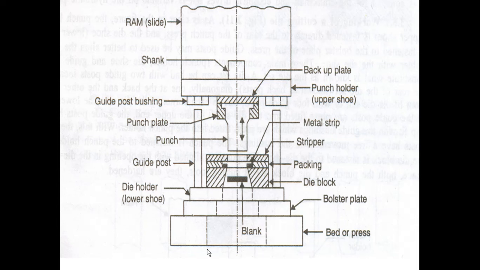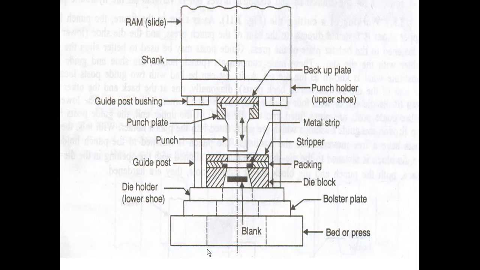Then there is a packing, or a front gauge or back gauge, that will guide the sheet metal at the appropriate location. And the function of the stripper plate is to remove the strip from the punch during the operation. The upper assembly, that is punches, are retained in the punch plate, and this assembly is to be backed up by the backup plate.